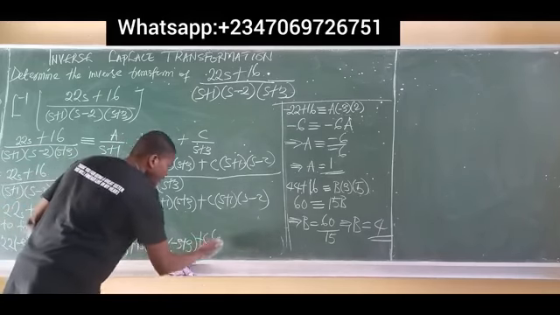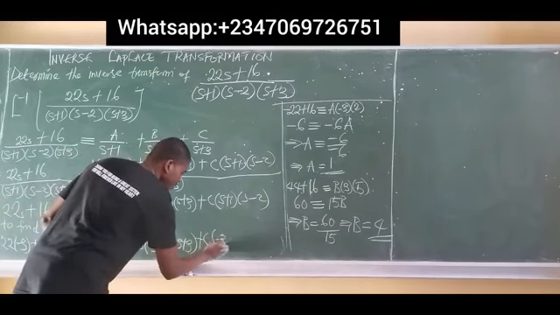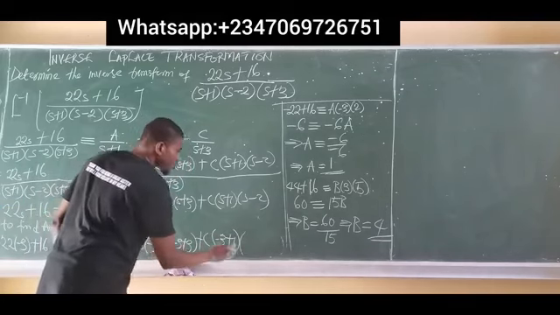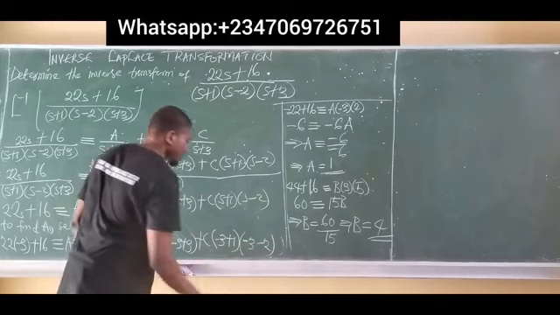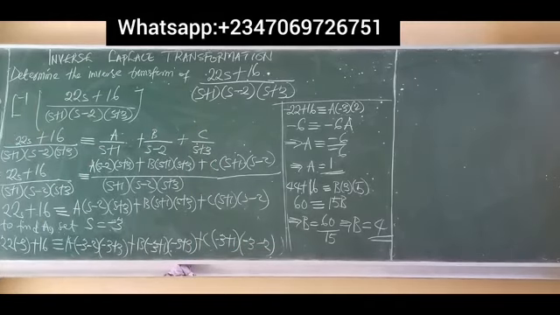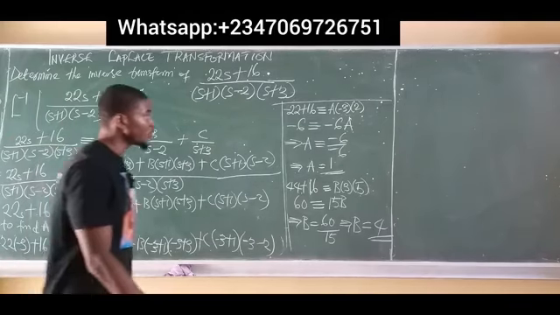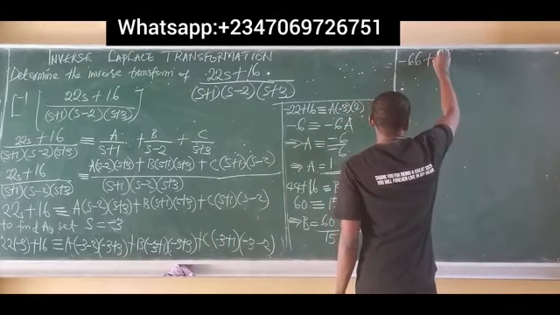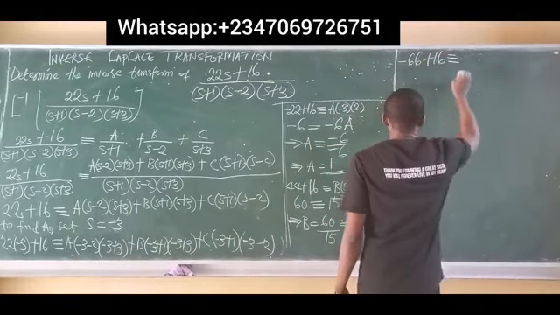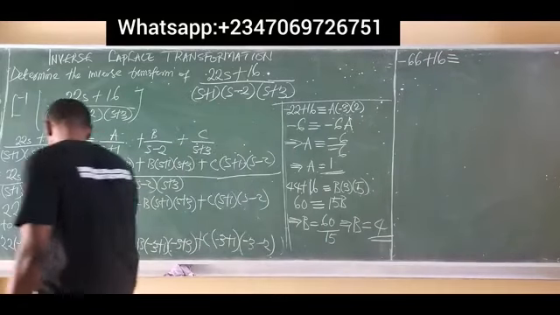Plus c, I have s plus 1 and s is minus 3, so minus 3 plus 1, into s minus 2, s is minus 3 minus 2. So 22 times minus 3 is obviously minus 66, plus 16. So pen it down: minus 66 plus 16, and this is equivalent to, now let's observe.